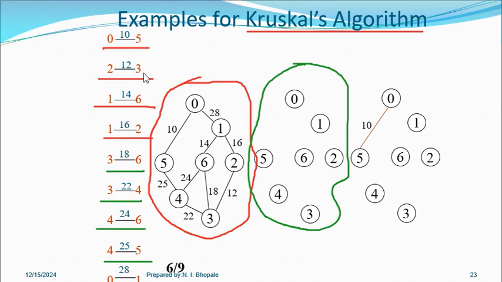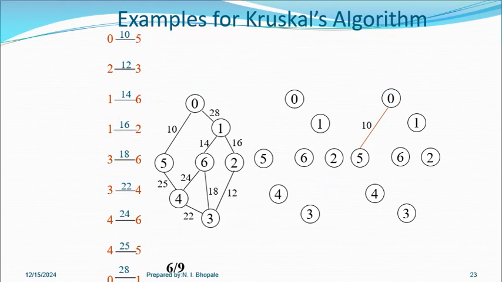So let's check it. The very first edge that is simply inserted is 10, and you can monitor that in the original graph itself. So it can be perfectly inserted. Next is 2 to 3.